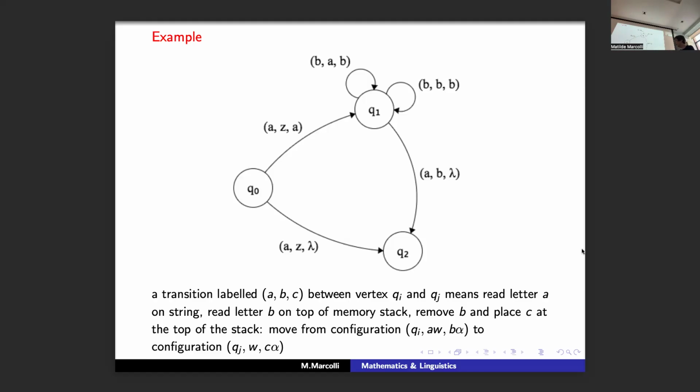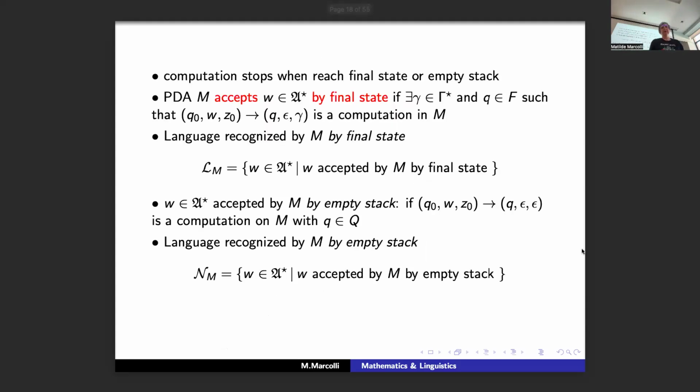And again, this is the picture that I showed before, where you have a graph with vertices labeled by the states of the automaton, but now the edges are not just labeled by a letter in the alphabet, but also by what you read in the stack and what you deposit back into the stack. Unlike the case of the finite state automaton, there are now two different ways in which your computation can terminate. Either it terminates because you reach a final state in the space of possible states, but it can also terminate because you reach an empty stack.